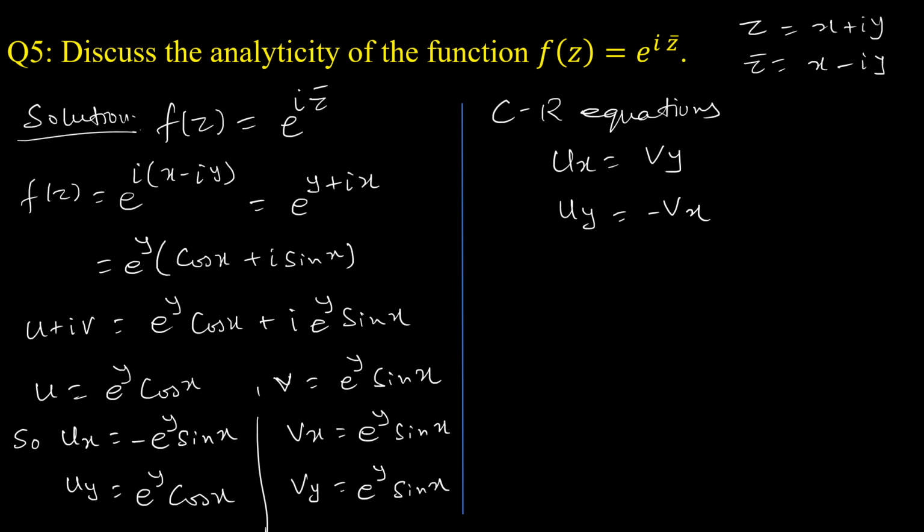So as we can see in this derivation, CR equation does not satisfy it for any values of x and y. So if it is satisfying for any value, let's say x is equals to 0, y is equals to 0, then we can check. But here it is not satisfying for any value of x and y.